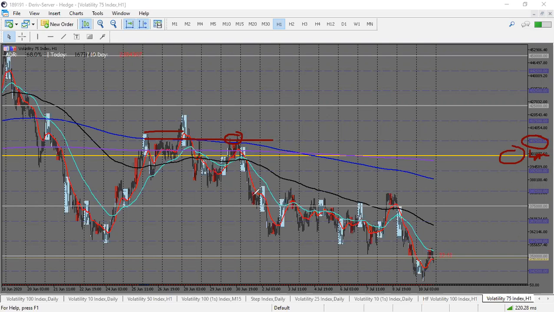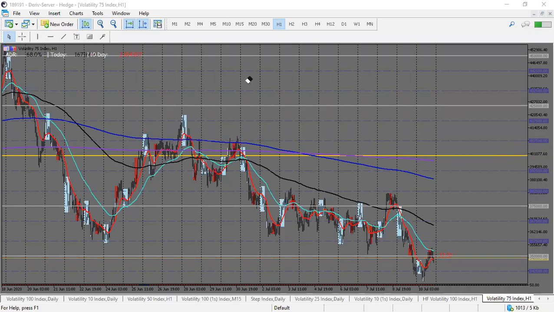The dealer went down like this. You can see it right here. The dealer pushed further down, and now he's somewhere right here at 350,000.